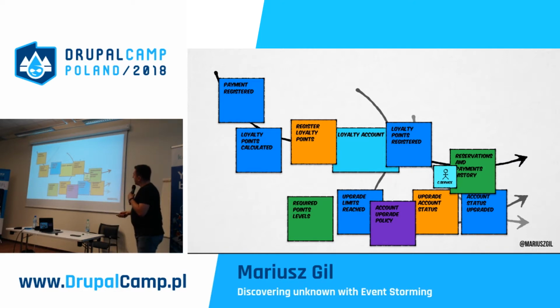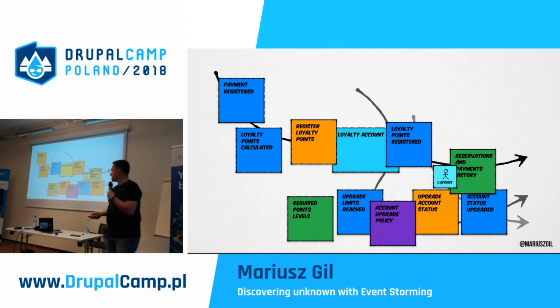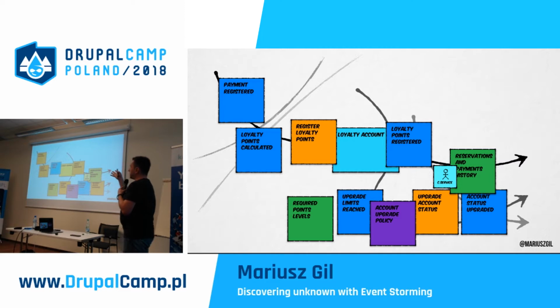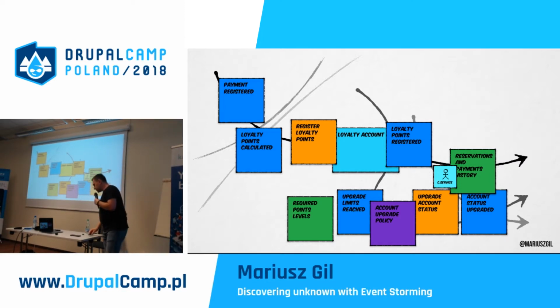And if we take a look at this picture, we should realize that we've got separated contexts. We've got a payment registered context, and we've got a loyalty context. And this is a great benefit for us as developers, that our system almost always has some contexts. So, for example, imagine that you're working on an e-commerce application. In an e-commerce application, you probably know that there is a class called product, right?